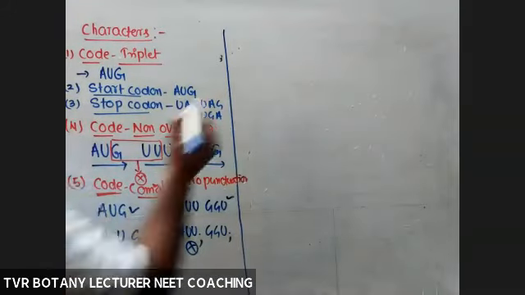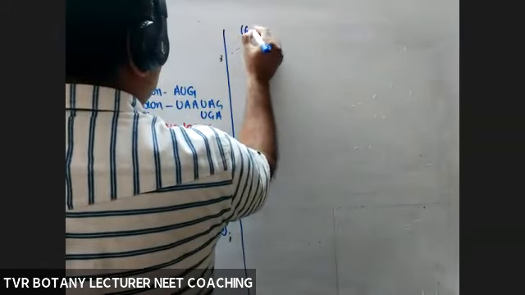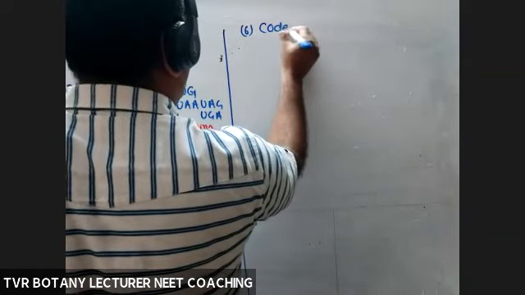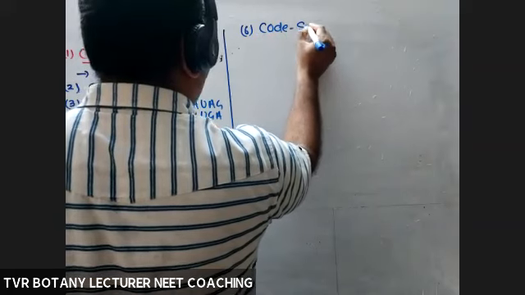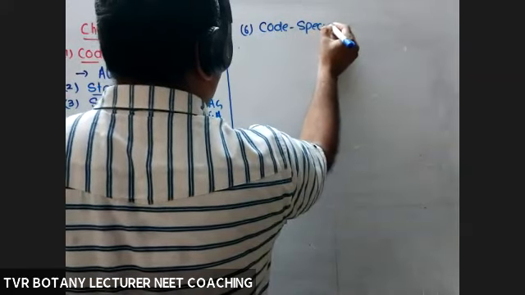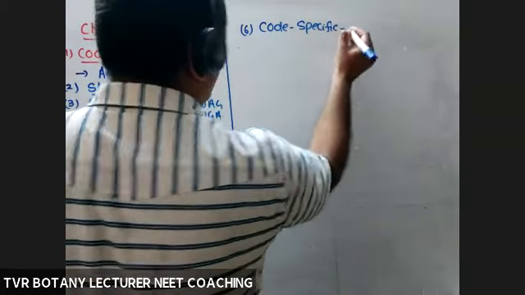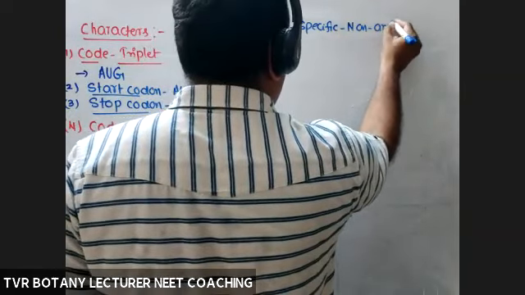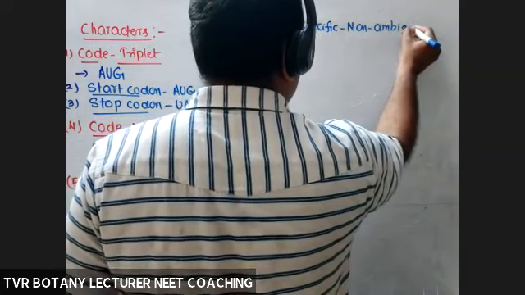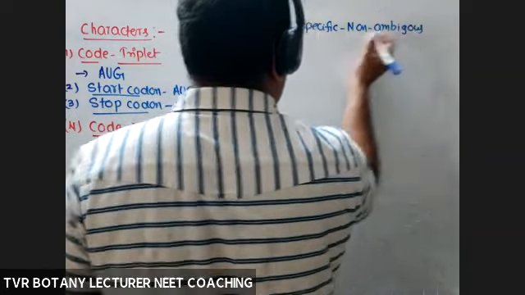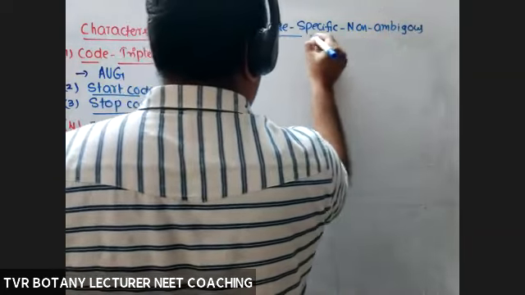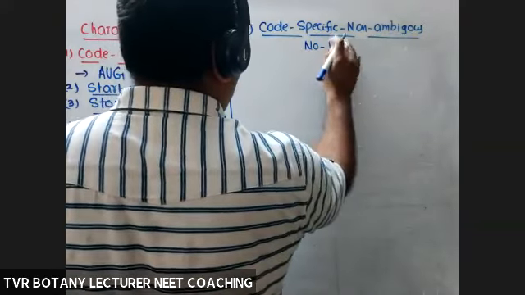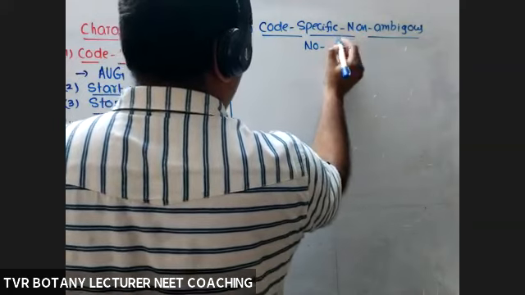Next, sixth character. Code is specific. Specific means non-ambiguous, no ambiguity, no confusion.